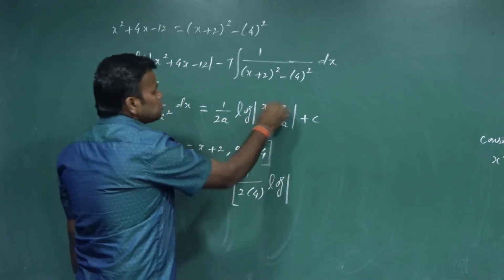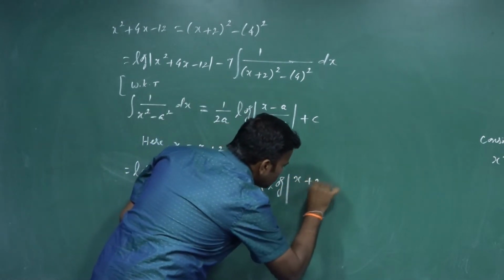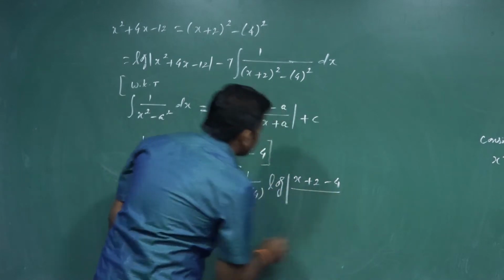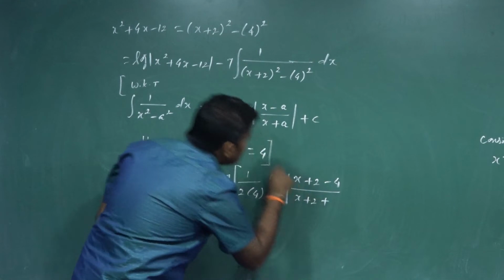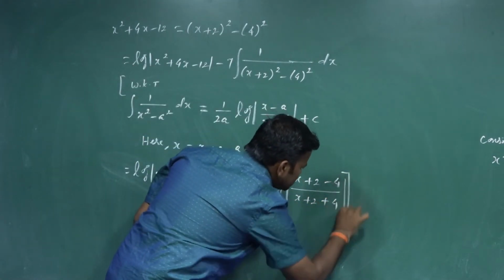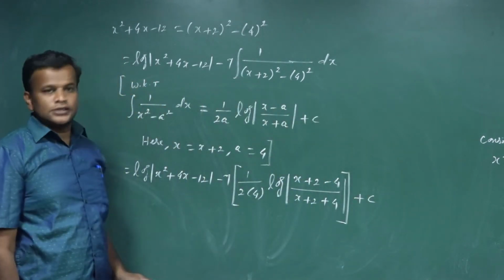Log modulus x minus a, the value of x is x plus 2, minus 4, divided by x plus a, x plus 2 plus the value of a, 4. Modulus ended. Now all terms are integrated, so we have the constant plus c.